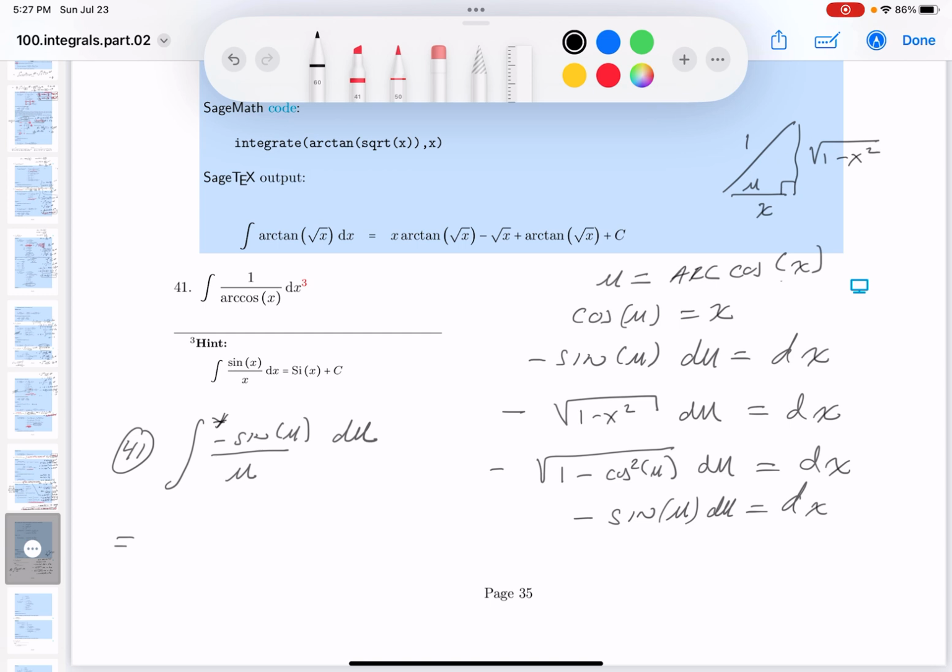What's this going to be? Minus the big S, I, of u plus some constant of integration. Let's put the u back in. What's the u going to be? It's arc cosine. Plus c. Put a box on it.